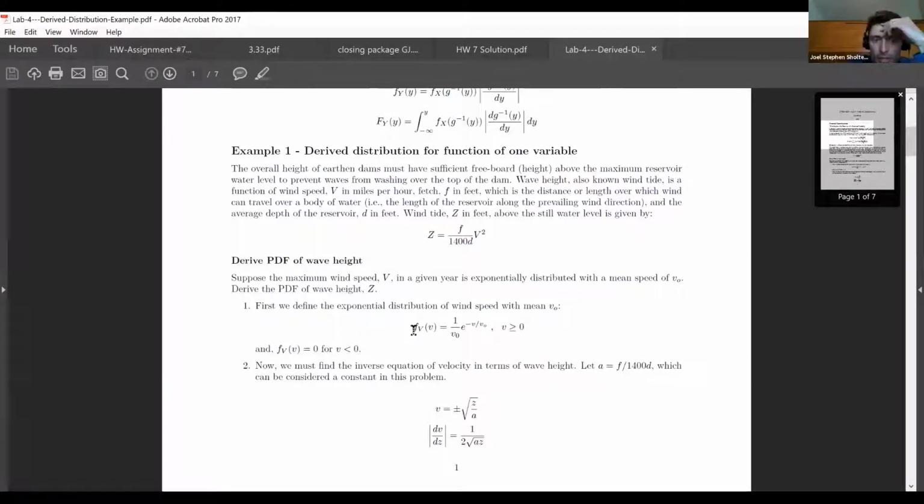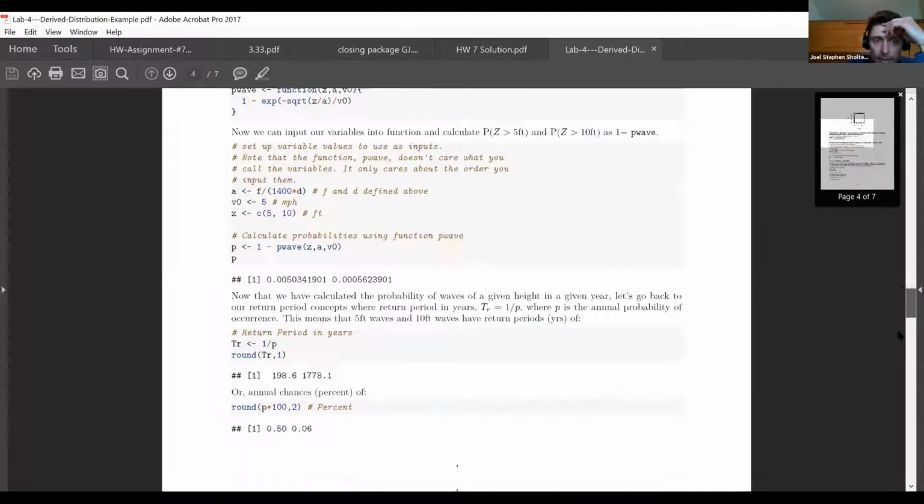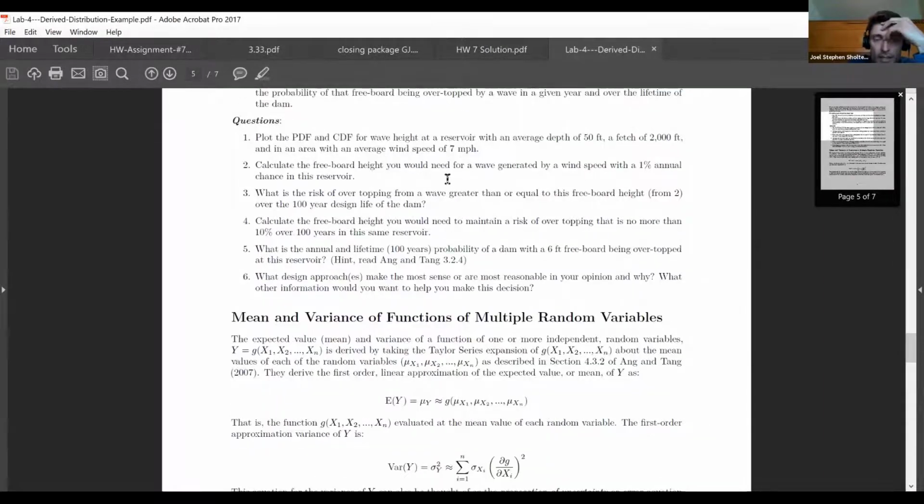So we started with the distribution for velocity with that average. So I'll go back down here. The second part, meaning question 2? Yeah, I didn't know how to do question 2. Okay. So the freeboard height, again, is just going to be the height of the wave associated with a 1% annual chance wind speed, right?